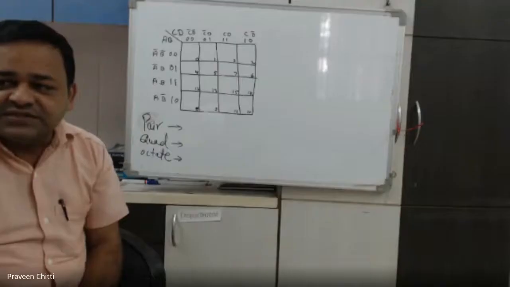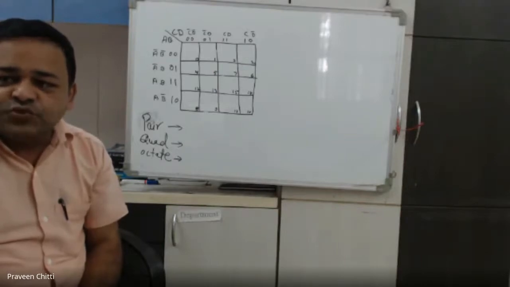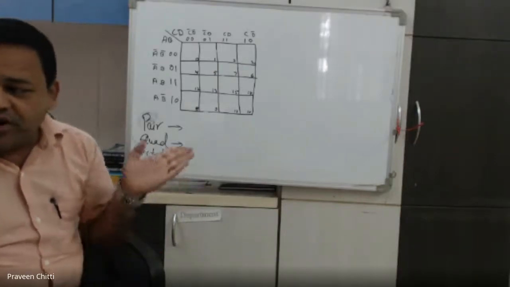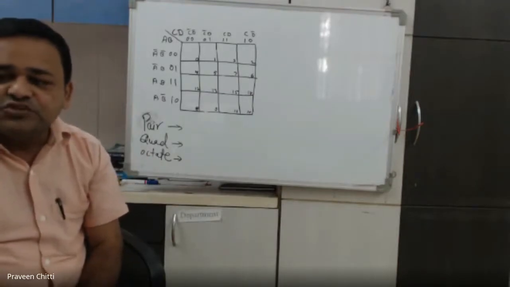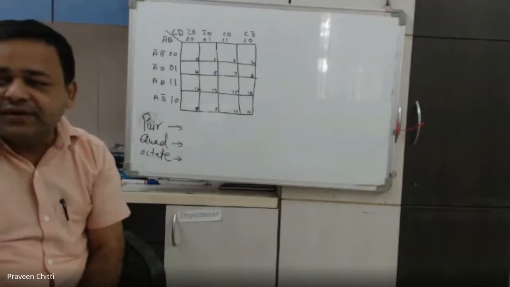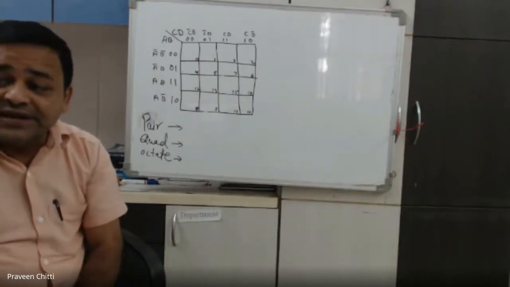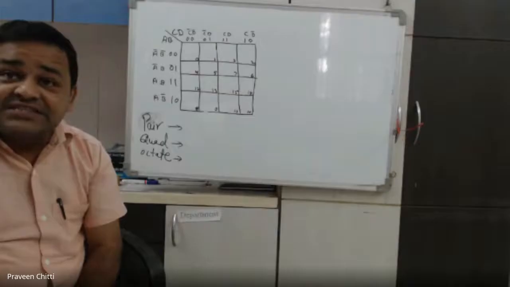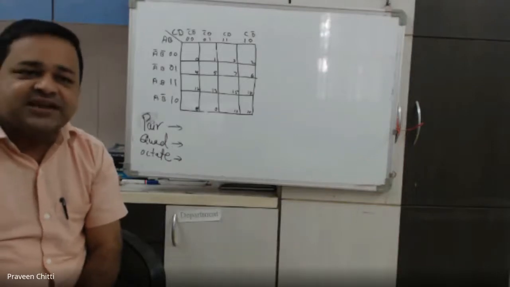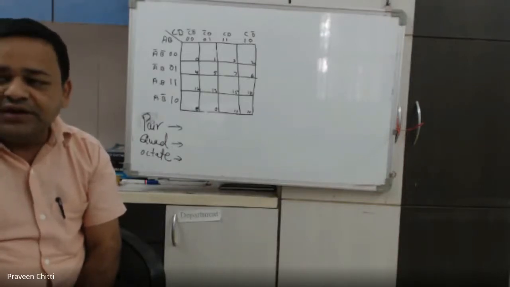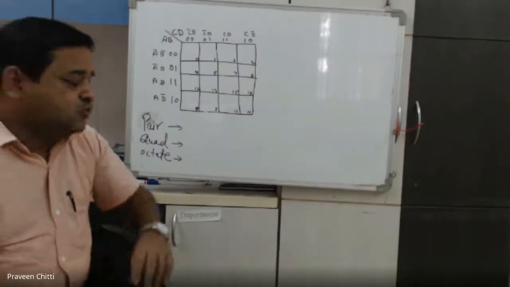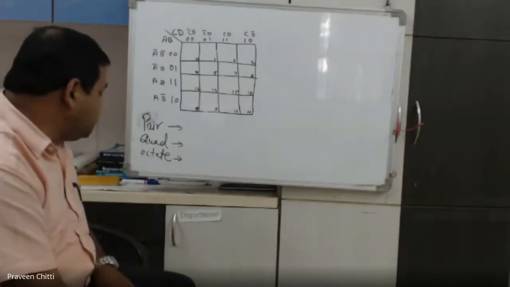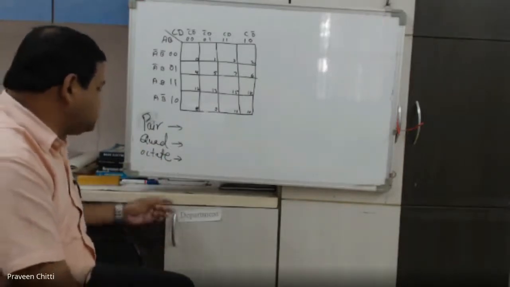These 4 adjacent ones may be horizontally present, vertically present, or they may be in the form of a square. And what is an octet? A group of 8 adjacent ones is called an octet. It can again be in a vertical form or in the horizontal form, right? So a group of 2 is called a pair, a group of 4 is called a quad, and a group of 8 is called an octet.